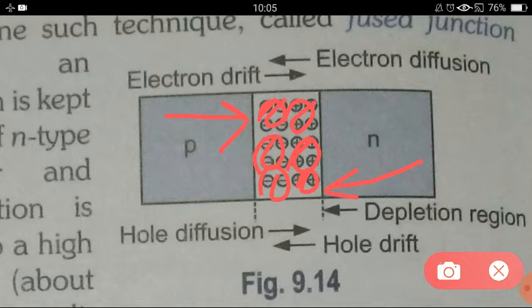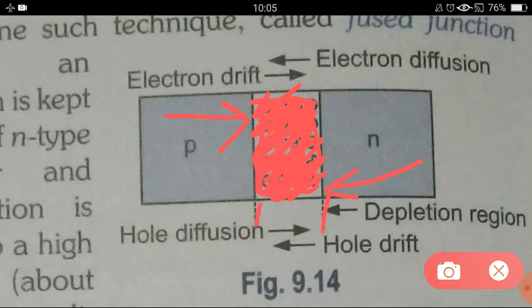So here the neutral particles behave like a barrier, and this region where the barriers are is called the depletion region. This is the region where the neutral particles exist and they don't allow more electrons and holes to move towards each other to recombine. So this region from here to here is called the depletion region.